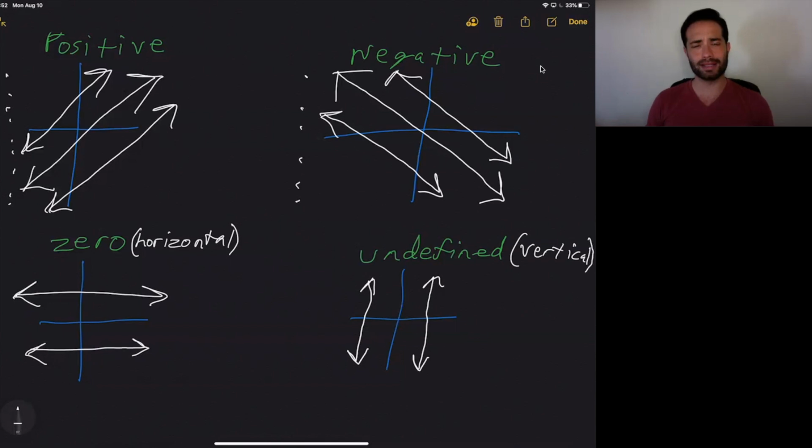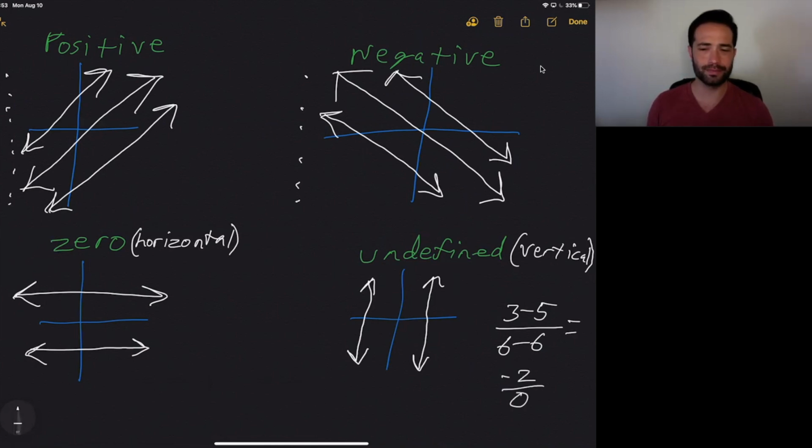Now, how does that happen on paper? Well, again, if we're doing y2 minus y1 divided by x2 minus x1, how do you get an undefined slope? Well, you'll end up with something like this. Let's say it was 3 minus 5 over 6 minus 6. Well, that will simplify to negative 2 over 0. Remember the phrase, all fractions are division problems.